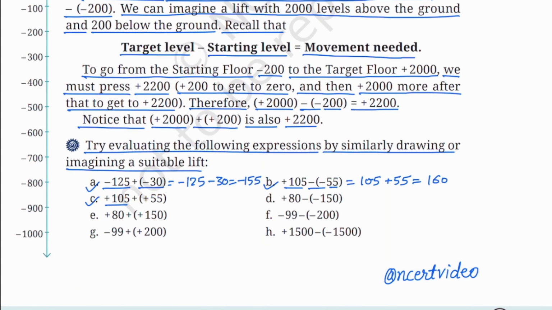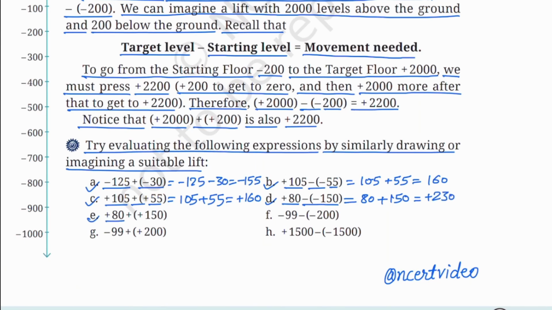C: plus 105 plus 55 is equal to plus 160. D: plus 80 minus minus 150 is equal to 80 plus 150, which is plus 230.